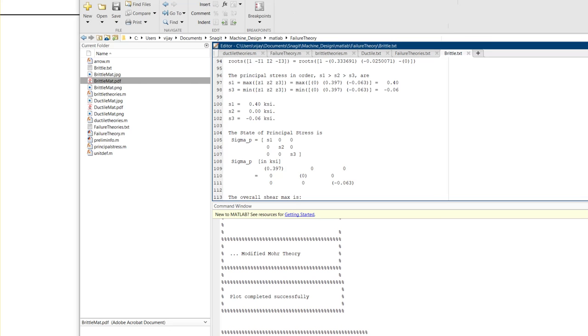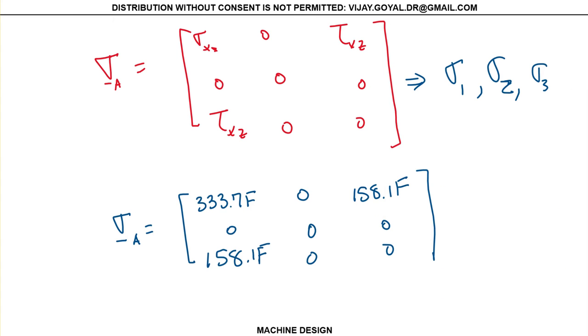So the principal stresses in your problem are given by sigma 1, which is 0.397 KSI, but we're going to convert that to 397, and I'm going to add the F that was missing, and that will be PSI.